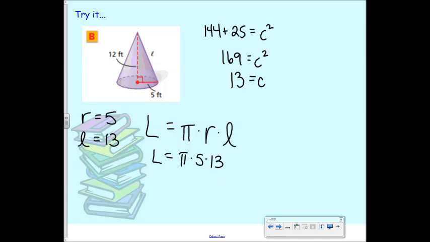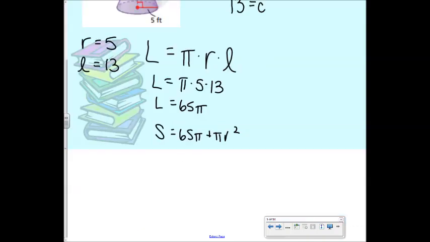So lateral area is 65 pi. Okay, and then what do I add to that for the surface area? Plus pi r squared. And what's r squared? 25. So my whole surface area would be what?